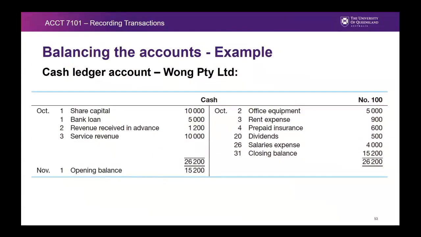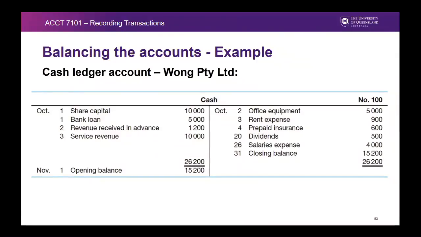And if I go back to the T ledger, what have I done here? I've got office equipment. So October the 2nd, office equipment. So it's cash, this is a credit, on the right side's credit. So I've paid out cash. I've got $5,000 cash has gone out, and the corresponding account is office equipment.